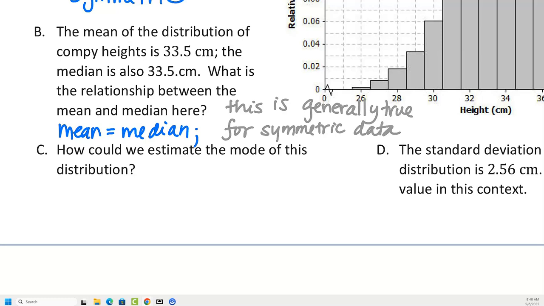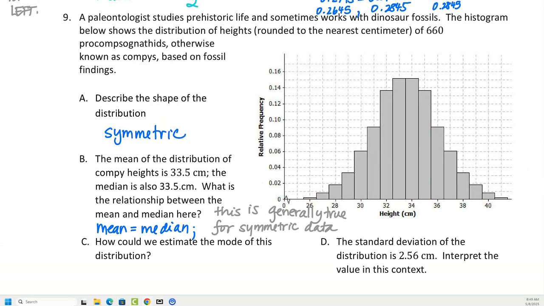How could we estimate the mode of this distribution? Remember, mode is the most occurring, so what do you guys think? How would you calculate the mode? The height that most frequently occurs. What was that?